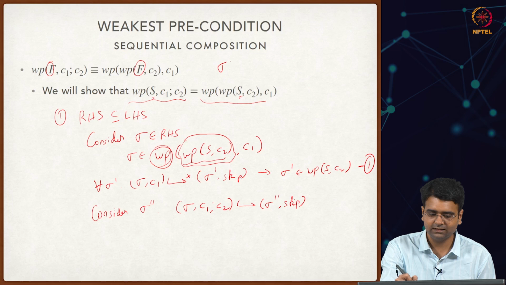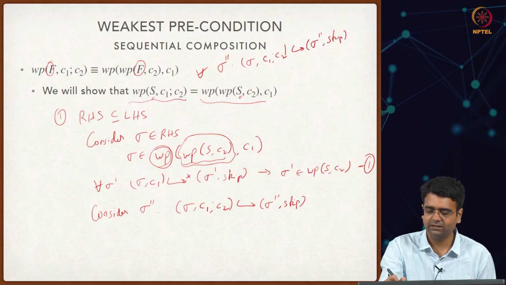In order to show that sigma is present in the right hand side, I need to show that for all sigma double prime, if sigma, C1 semicolon C2 goes to sigma double prime comma skip, then that should imply that sigma double prime is present in S. So we need to prove this particular implication.